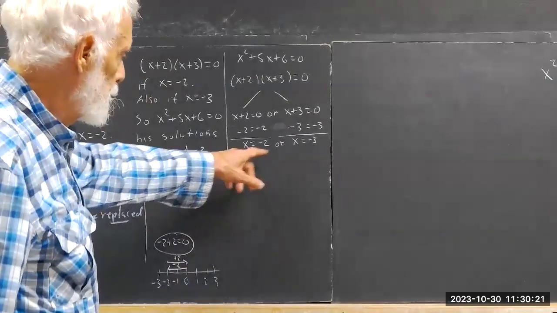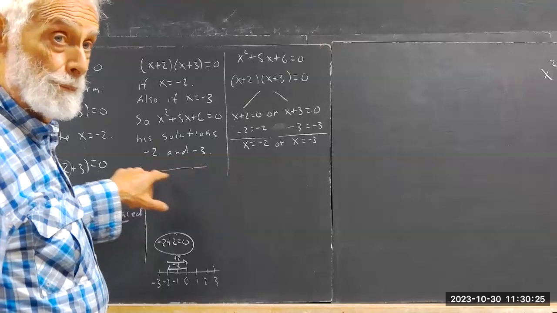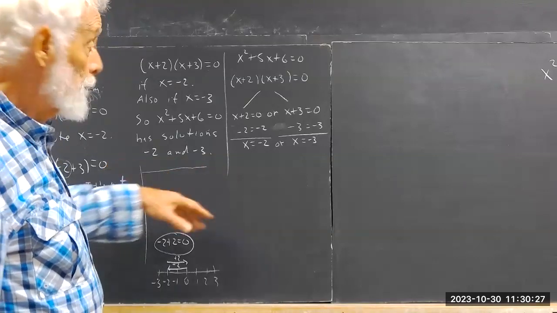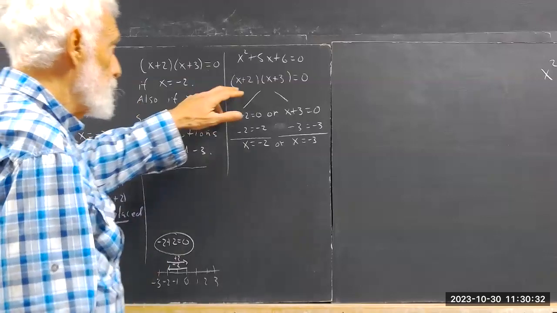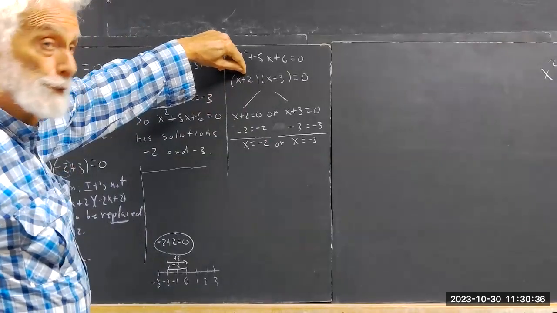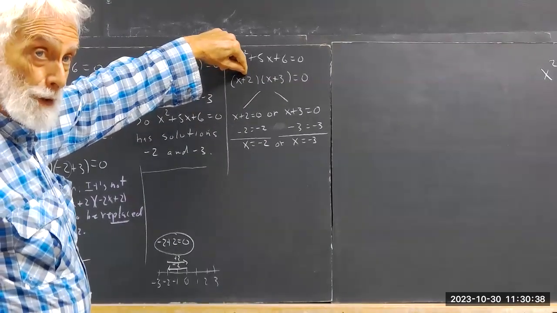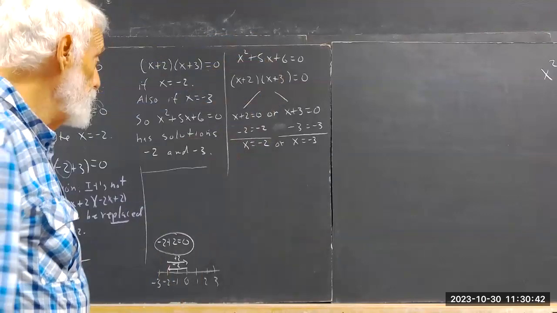So x could be -2 or x could be -3. Each of those is a solution. Okay, so we get this by solving the equation rather than just by looking at it and figuring out that, well, if x is opposite this number, it's going to give us 0. Or if x is opposite this number, it's going to give us 0.